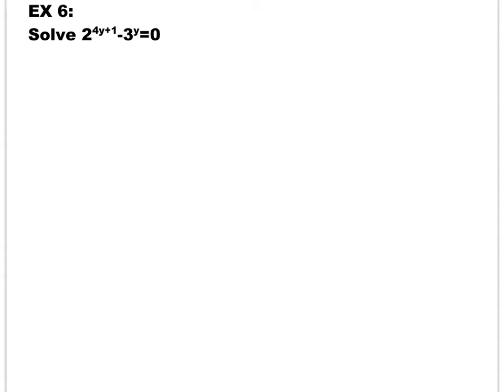The next example, you have 2 exponent 4y plus 1 minus 3 exponent y is equal to 0. To solve this one, I'm going to bring negative 3 exponent y to the right. I get 2 exponent 4y plus 1 is equal to 3 exponent y. I take the log of both sides.